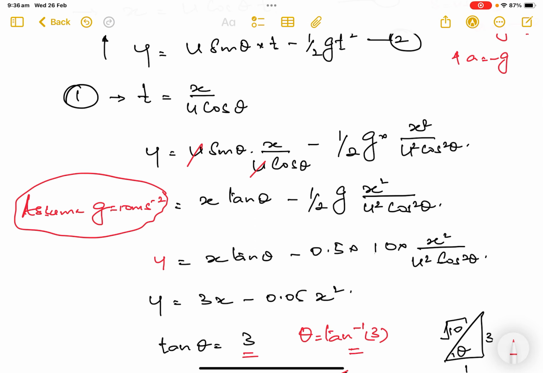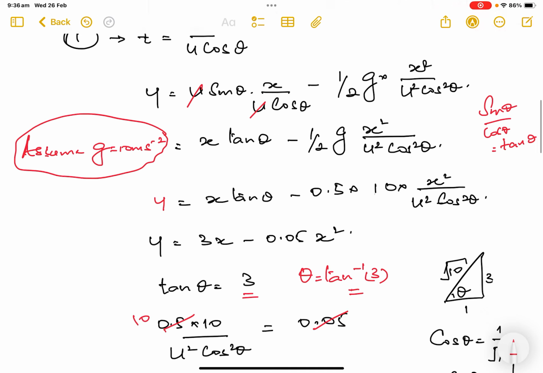The u cancels out in the first term, leaving x sine theta over cos theta, which is tan theta, a property of trigonometry.